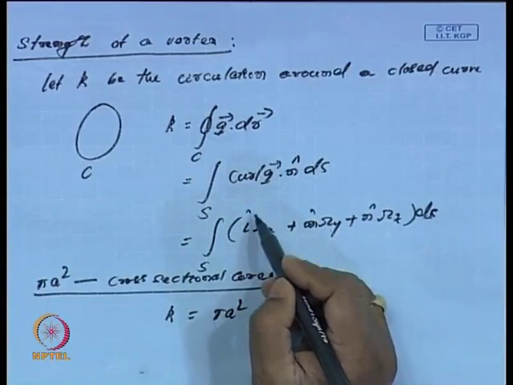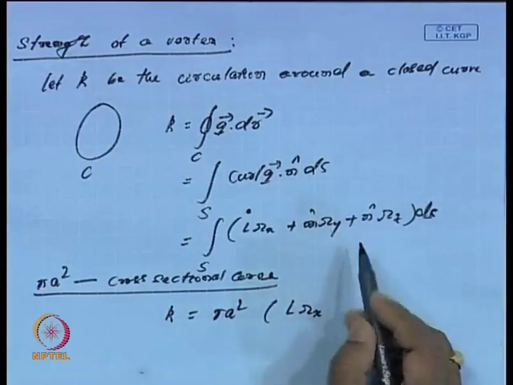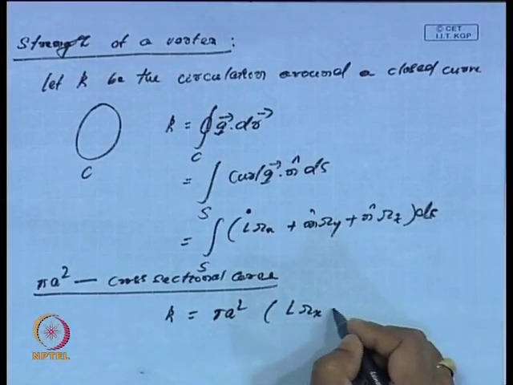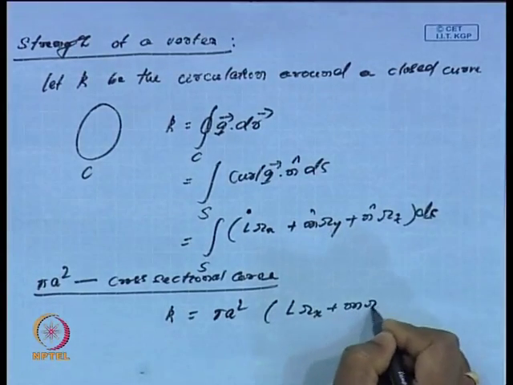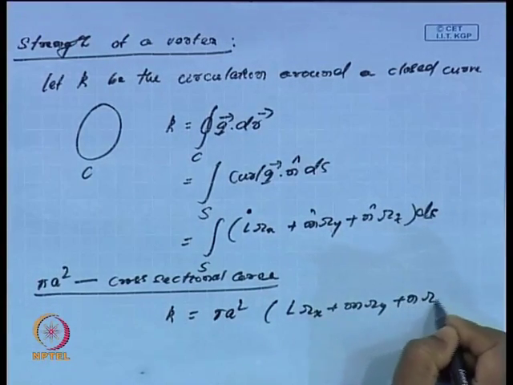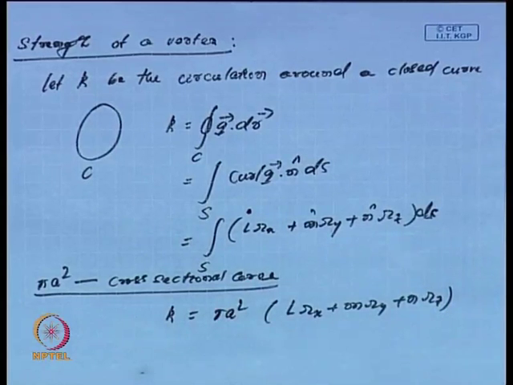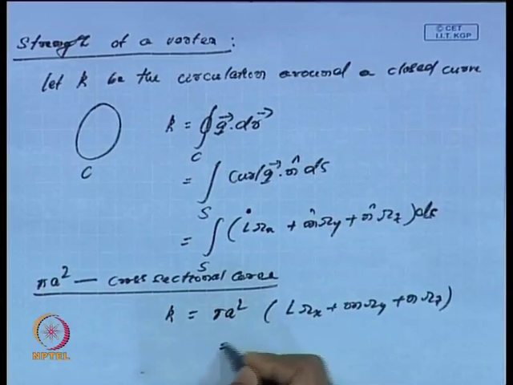Already it is a scalar, so it is L omega x plus m omega y plus n omega z, and this has to be a constant, because it is the circulation around a closed curve.